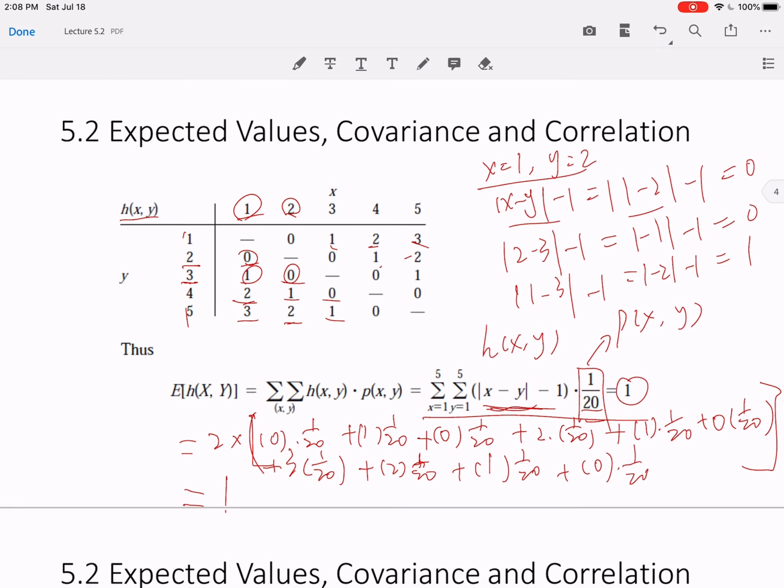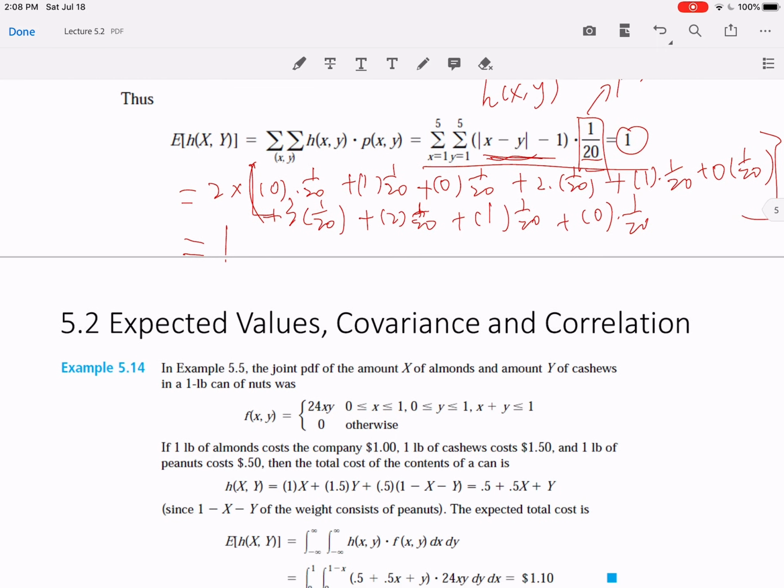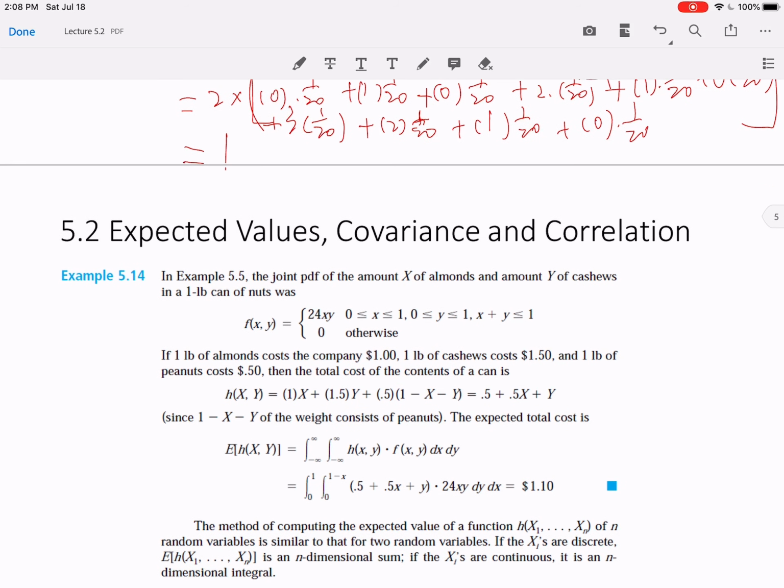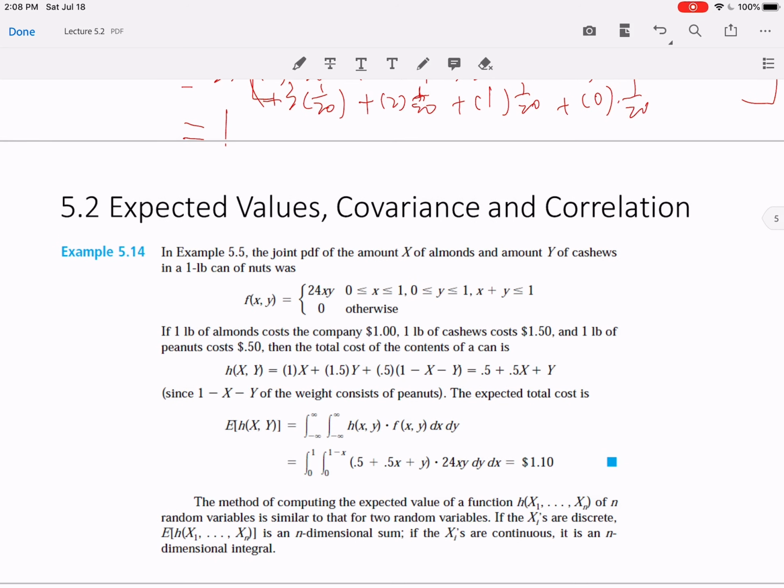Let's take a look at another example for if those two random variables are continuous. So this is example 5.5. That's coming from the previous example we saw in one of the lecture videos of section 5.1.